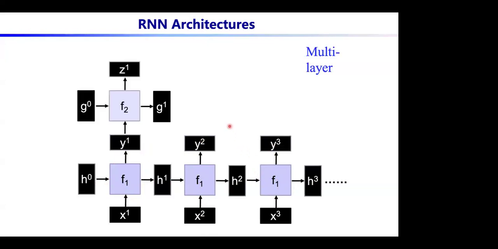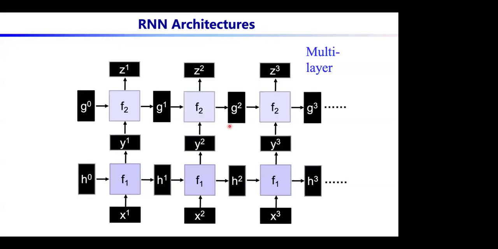adding another layer. Just like a CNN, we add another layer. So we could have a multi-layer RNN. But remember that a single layer RNN is already quite a number of networks.